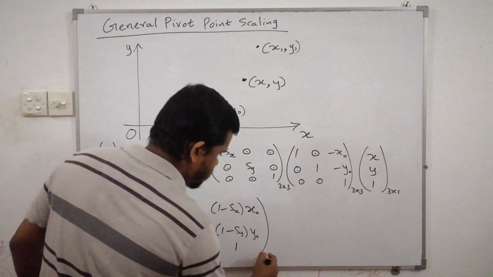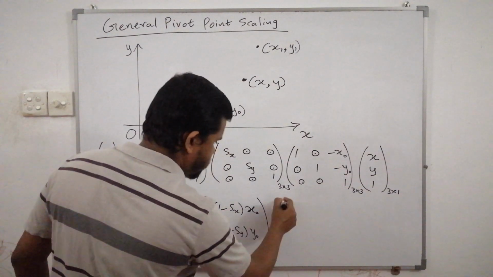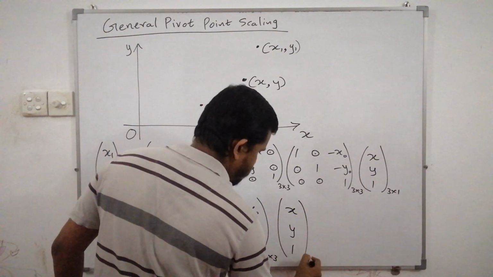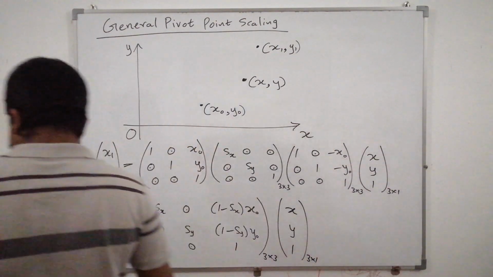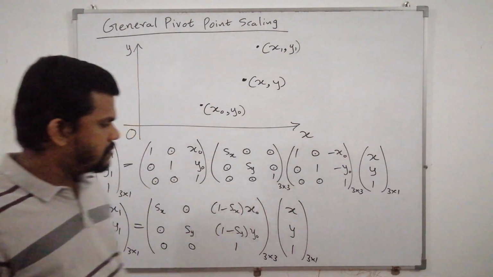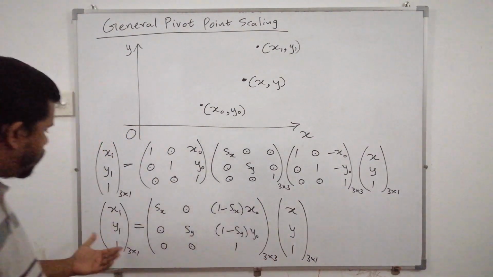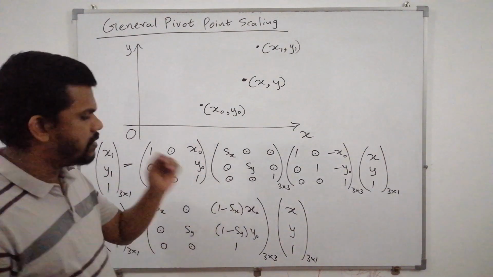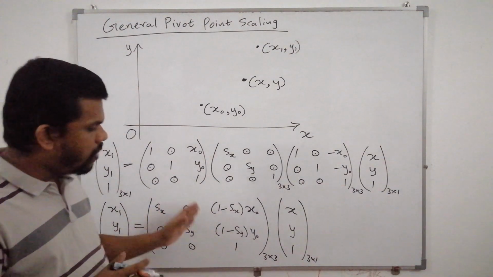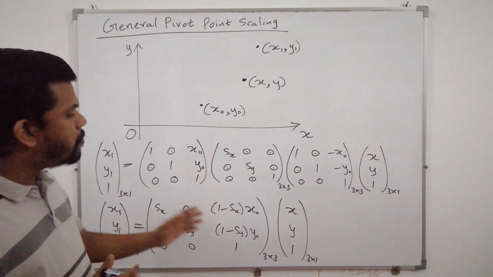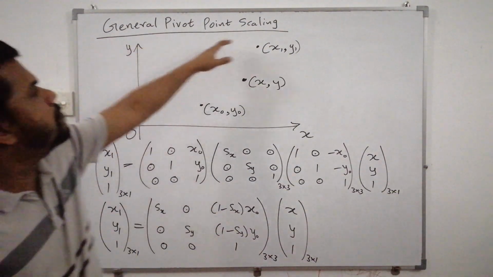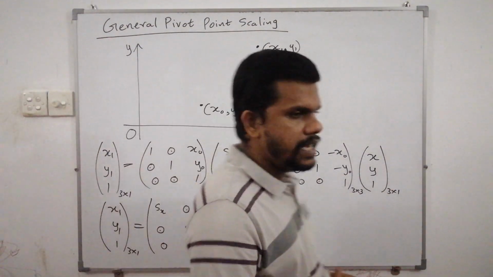This is a 3 cross 3 matrix, and here we have x, y, 1, 3 cross 1. Now this matrix is transformed to this matrix using this one. Therefore, we call this matrix the composite transformation matrix for general pivot point scaling.